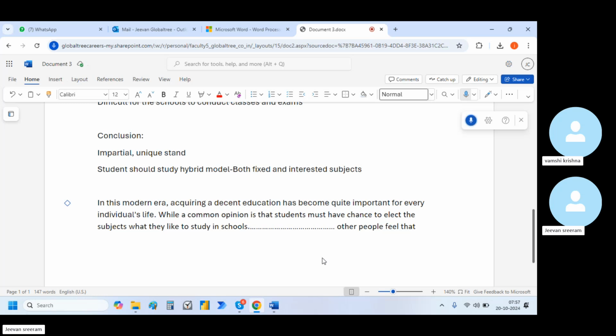Other people feel that they should follow a fixed coursework set by the school management or government."